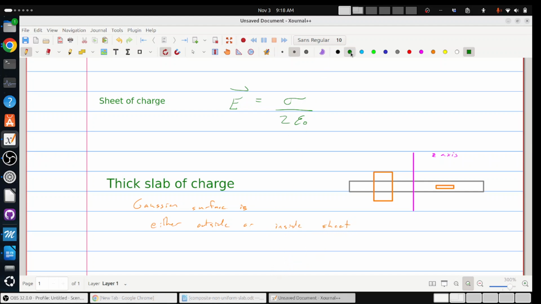And what we saw was, as long as it is symmetric, we expect that we're going to have the same electric field, equal distances on both sides.